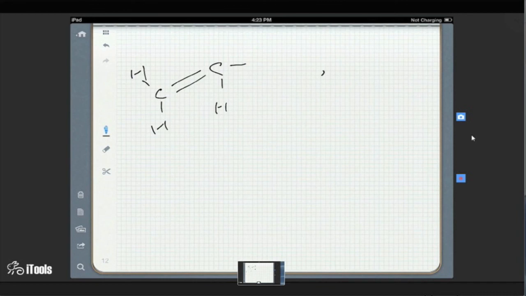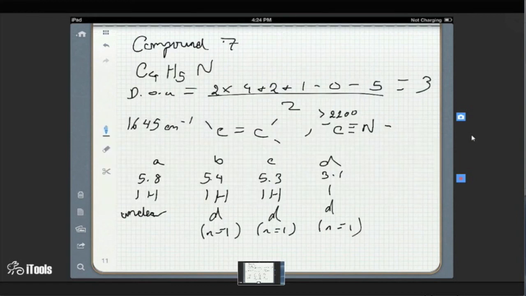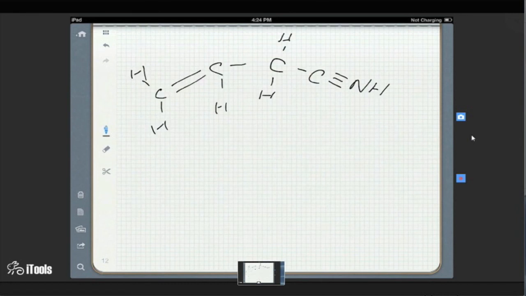We know we have 1 C, and then is this an H or a C? No, it's an H. But the N, 1, 2, 3, 4, 5. No, this N doesn't have an H.